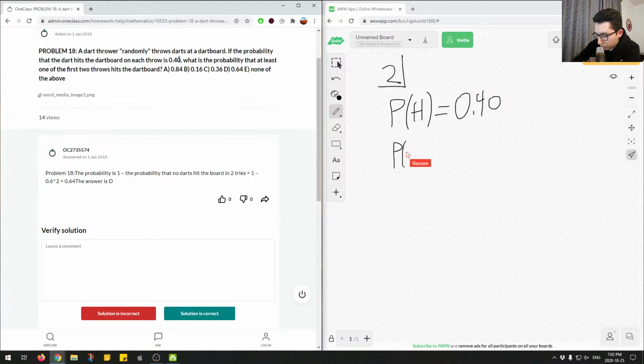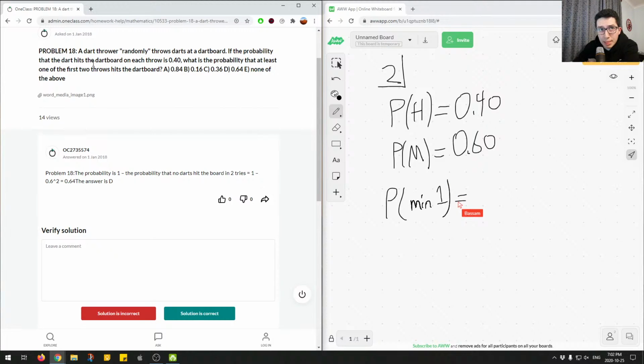Therefore the probability of a miss is 60%, which is 0.6. So we're looking at the probability of at least one of the 2 throws, a minimum of 1 hit on the dartboard.